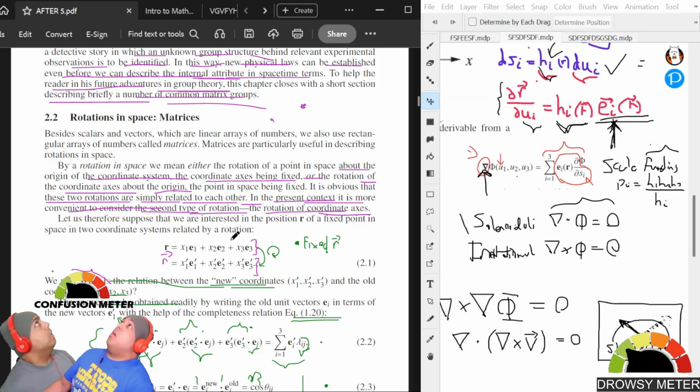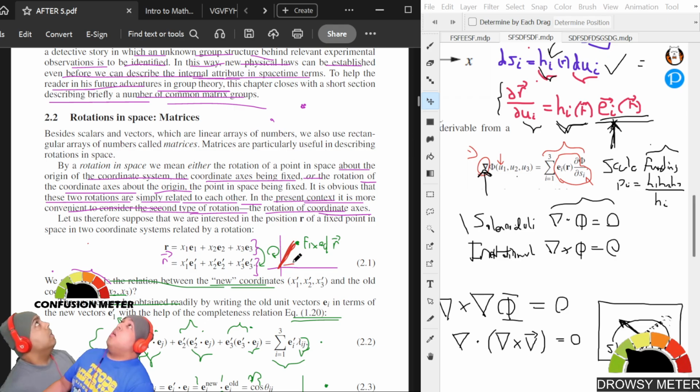So, I might as well try it, right? R equal x1, e1.